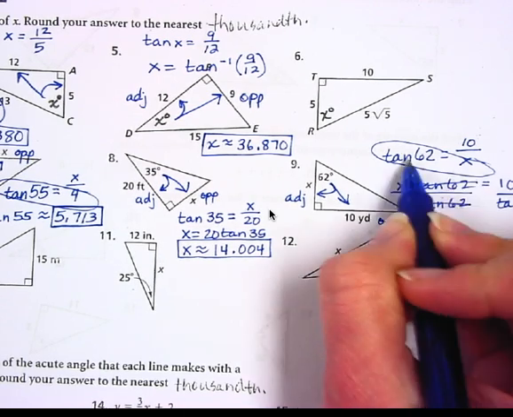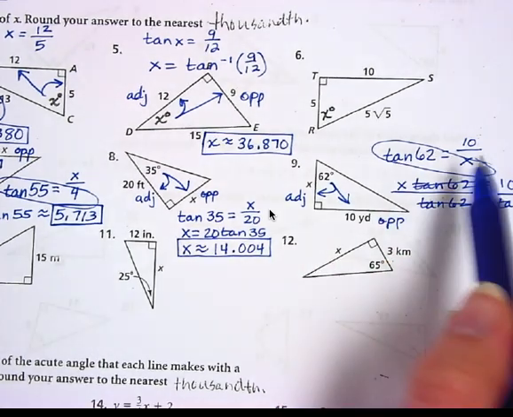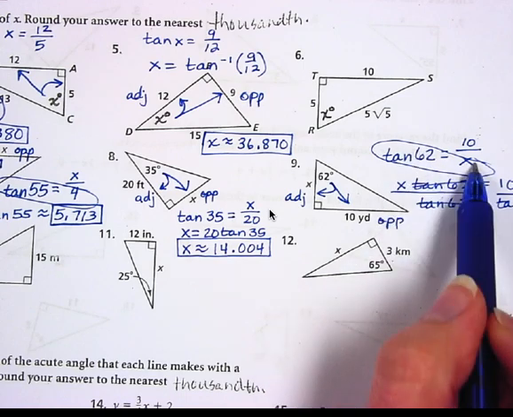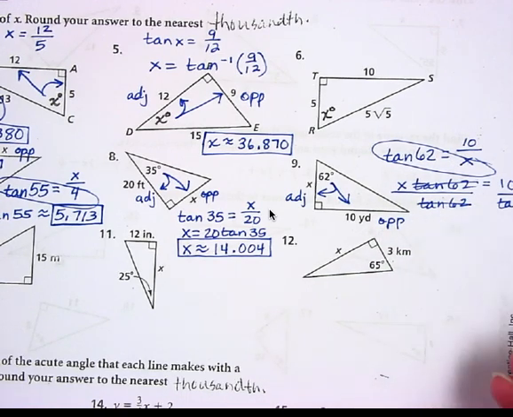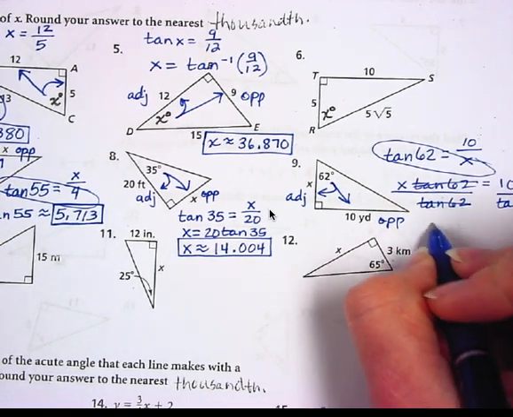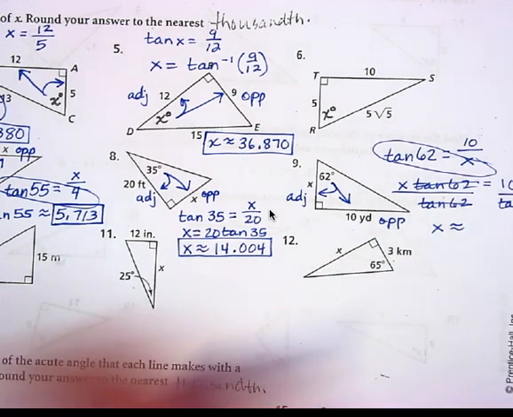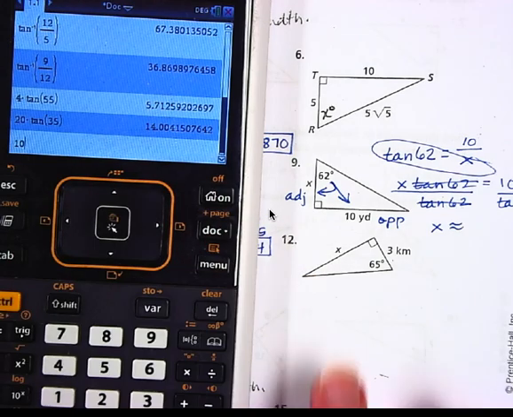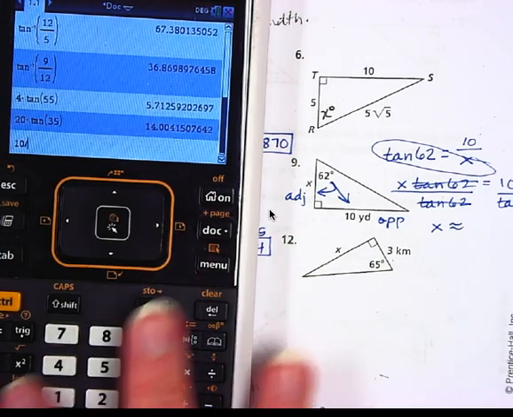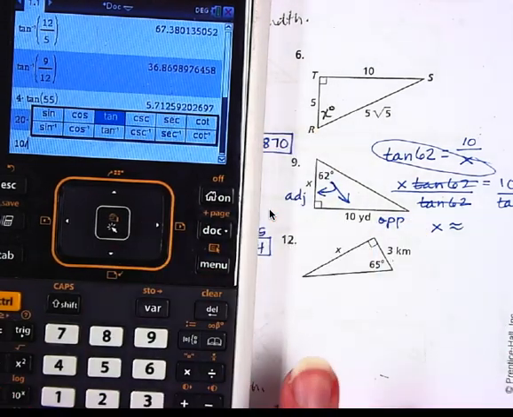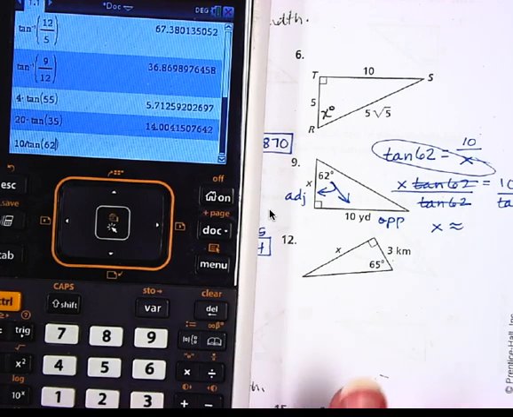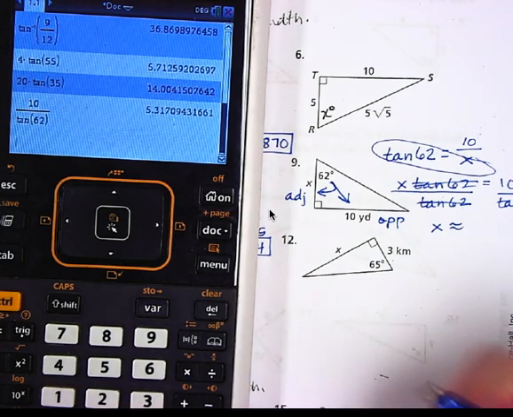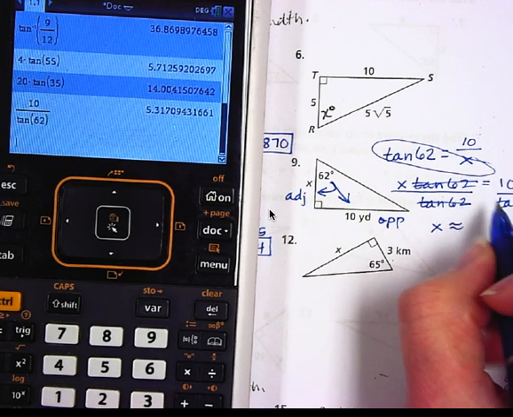So what happens every time is when x is on the bottom, these two switch places, and we do 10 divided by tangent of 62. And we get 5.317.